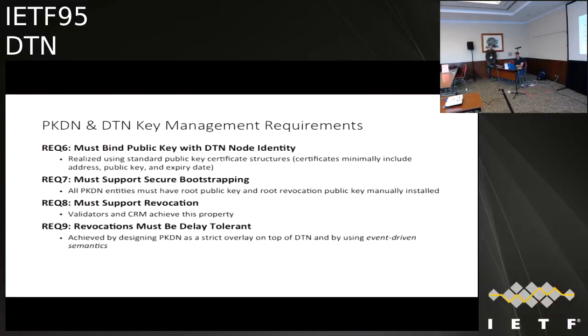The entire system is able to support revocation in the DTN setting. And revocations must be delay tolerant. Again, because we saw that it is possible to overlay all the entities over DTN as a strict overlay, and using event-driven semantics, it is possible to achieve requirement 9 also. Next slide, please.